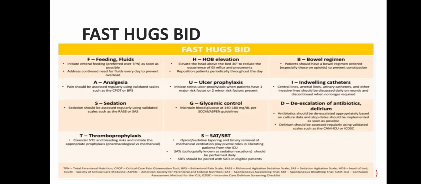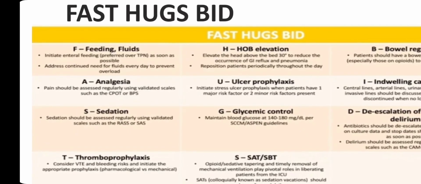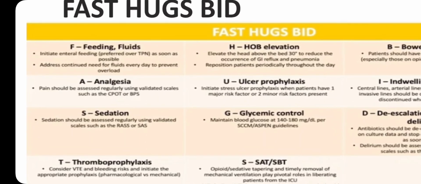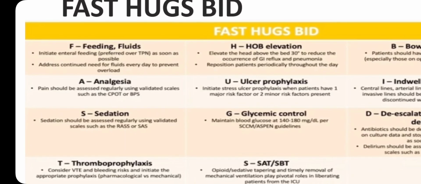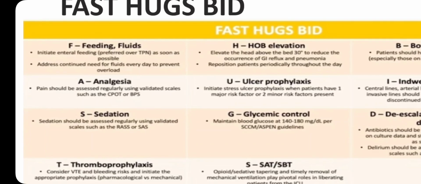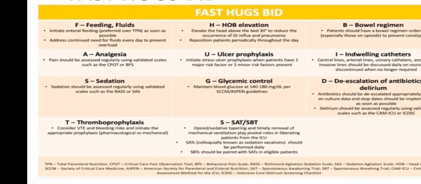In the FAST HUGS BID, F stands for feeding and fluids. We have to initiate enteral feeding, preferred over TPN, as soon as possible, and we have to address the continued need for fluids every day to prevent overload. A is for analgesia. Pain should be assessed regularly using validated scales such as CPOT or BPS.